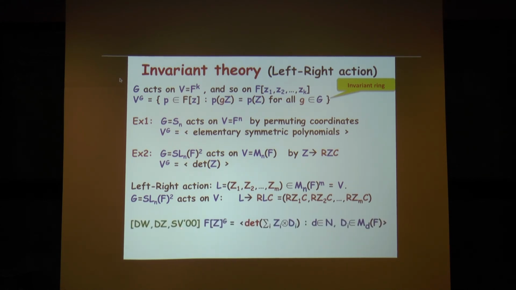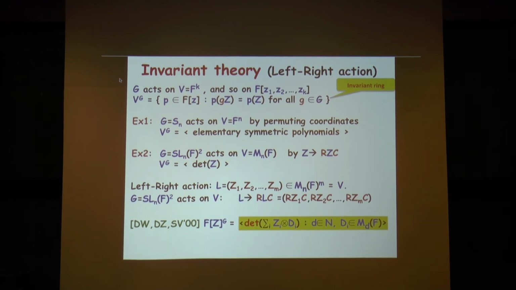And now, what is the invariant ring? Well, this is hard work. Derksen and Weyman, Domokos-Zubkov, and Schofield and Van den Bergh, around the same time, discovered what the invariant ring of this is, what are all the polynomials that do not change here. And magically, and this was discovered independently and unrelated to the previous picture, it's the same thing.